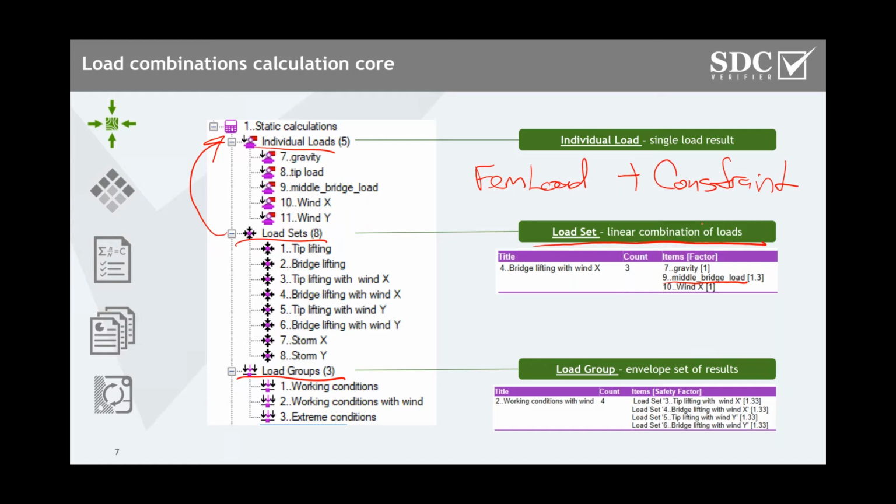A load group allows you to present the absolute values or minimums or maximums of everything included within the group. So you can make a load group of load sets, you can make a load group of individual loads, or even make a group of groups. This is the best tool for presenting the results.